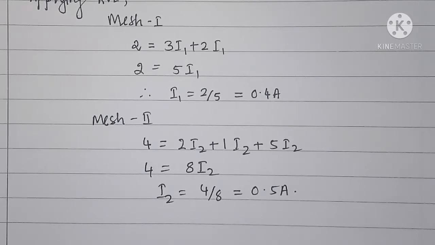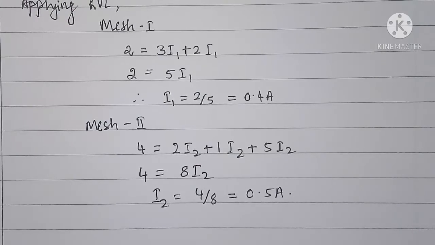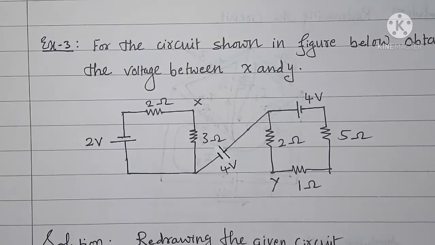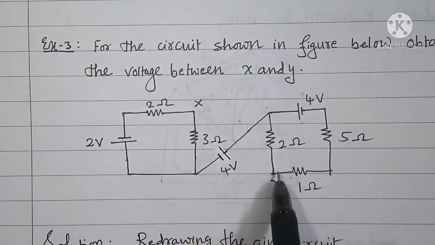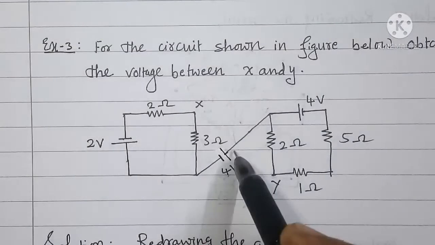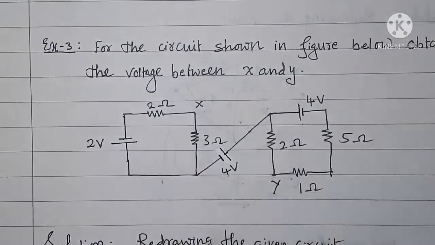Now we will select the part of the circuit between points X and Y. Here we have X and here we have Y. So 3 ohm, 4 volt and 2 ohm. This part of the circuit we will draw separately.